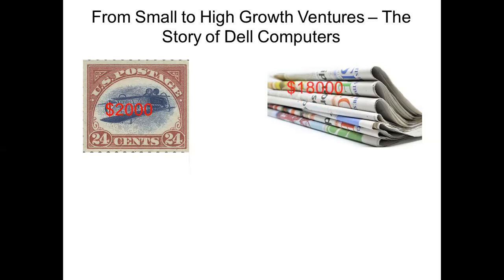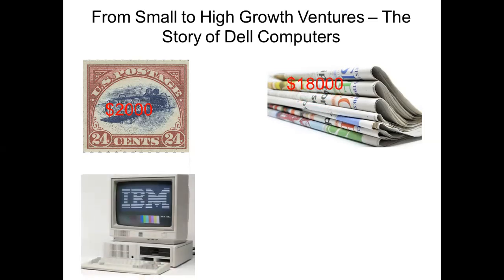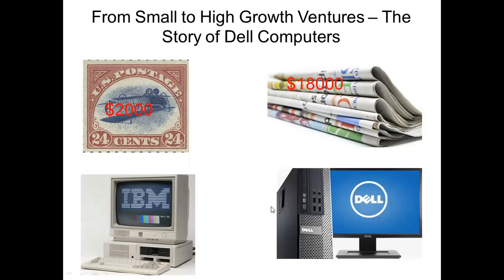And he made $18,000 from this venture. His third business was reselling IBM PCs, International Business Machines, from his dorm room at the University of Texas at a time when IBM was trying to limit the sales to official IBM dealers like Sears and IBM's own personal computers. So this was Michael's third business.